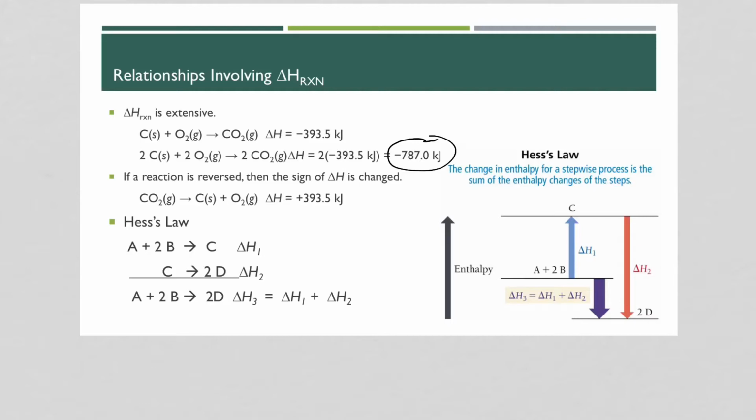Now, another key change is the direction of a chemical process. So I haven't talked about it a whole lot, but if I reverse the reaction, everything about the energetics gets reversed, right? So let's say, for example, our reaction is exothermic. That means the reverse reaction has to be endothermic, right?